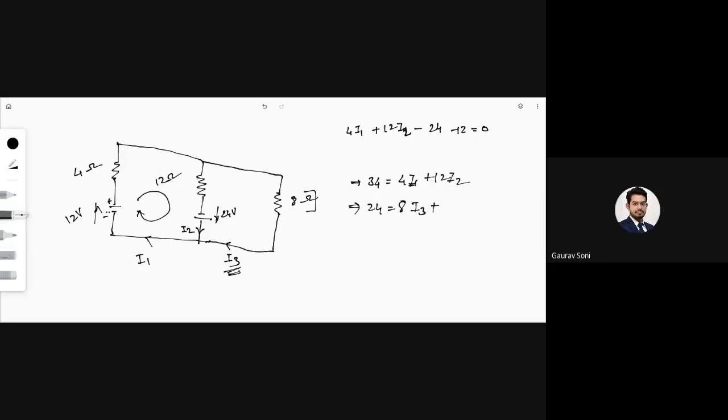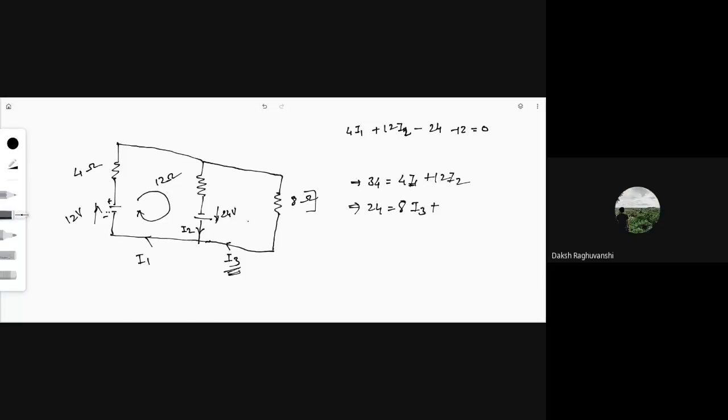Yes. 12I2 minus 8I3 equals 24. Sir, it will be plus. No, it is correct. The direction you have to take into consideration.